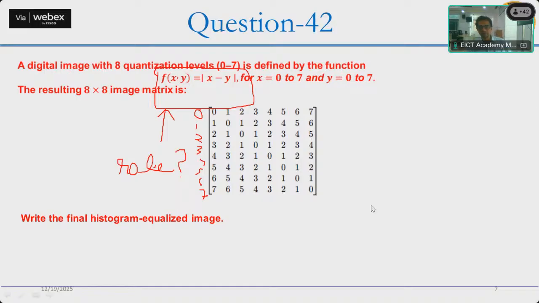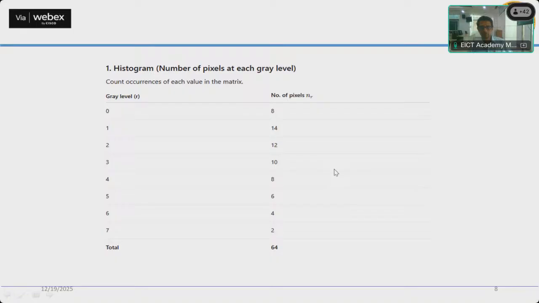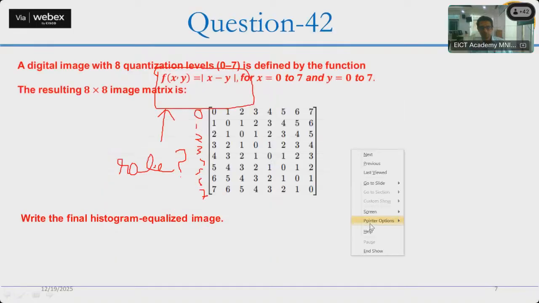What is the capital L value? 64 is basically the number of pixels. Capital L is basically the number of gray levels.